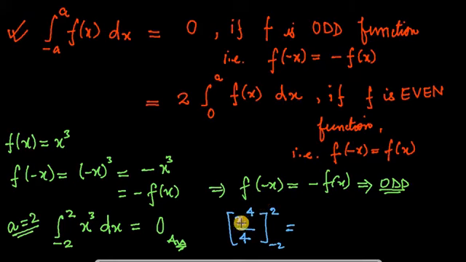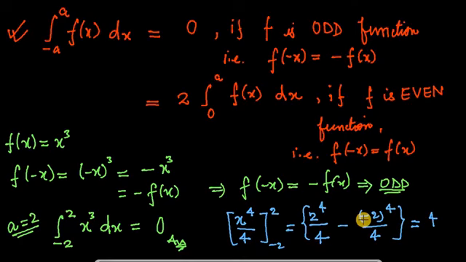This is equal to, first of all we will put the value of upper limit, that is 2 to the power 4 divided by 4, minus, then we will put the value of lower limit, that is minus 2 to the power 4 divided by 4. 2 to the power 4 is 16, 16 by 4 is 4, and minus 2 to the power 4 is also plus 16, and 16 by 4 is again 4, and there is a minus sign in between, so 4 minus 4 is 0. So this is how we can see that this property is verified for this question.